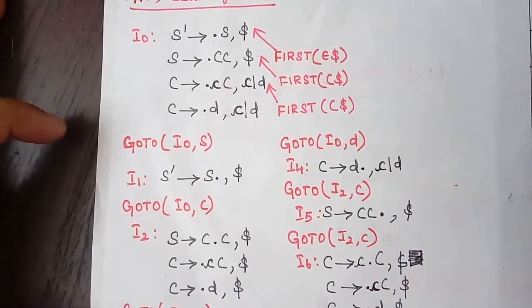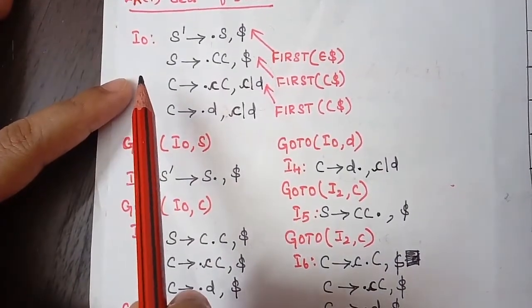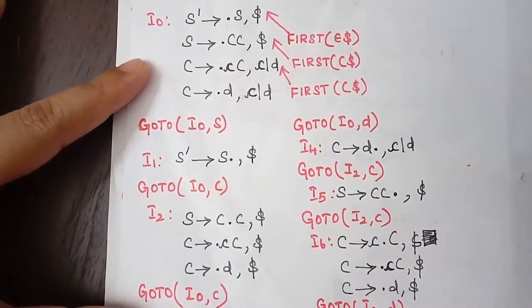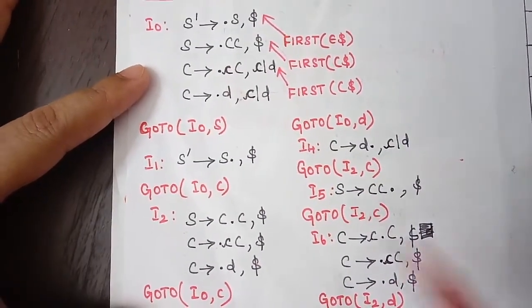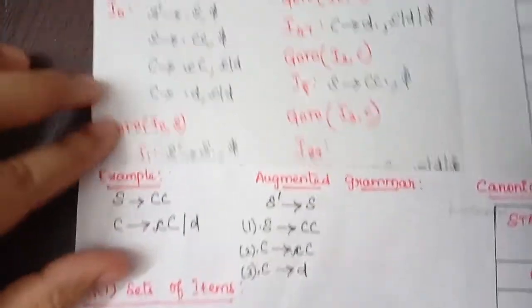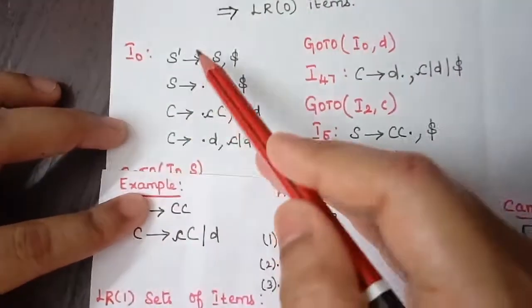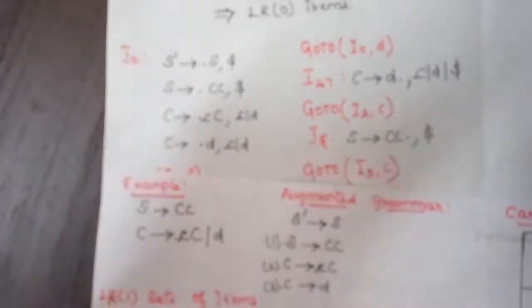Starting from I0, there is no repetition of the state I0 with different lookahead symbols, so I'm just taking I0 as it is from the canonical LR.